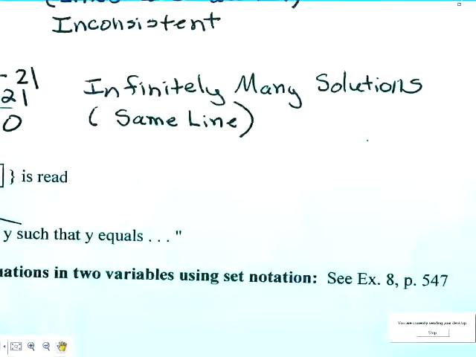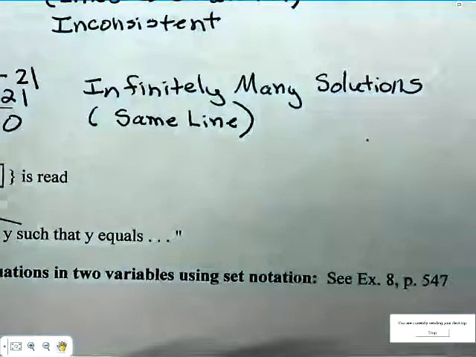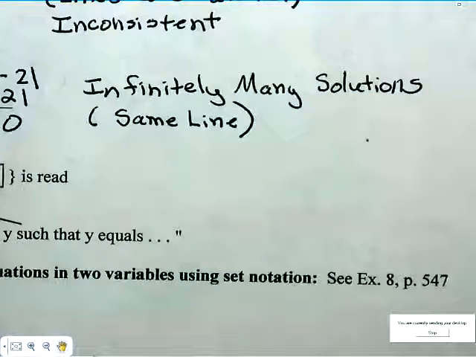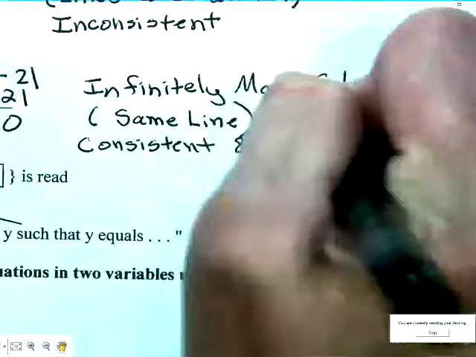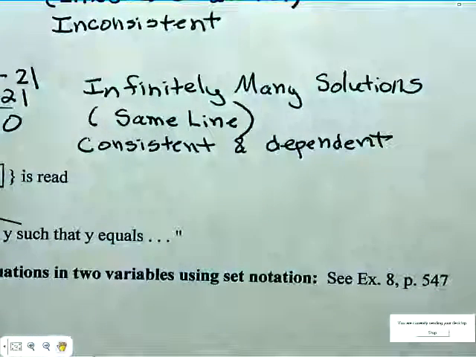And in terms of consistent and inconsistent, that would mean inconsistent means no solution. Consistent and dependent because they're the same line. What makes one of them true depends on what makes the other one true.